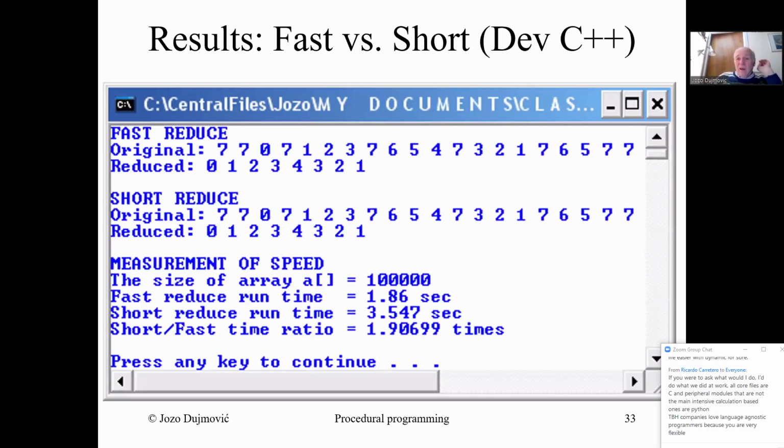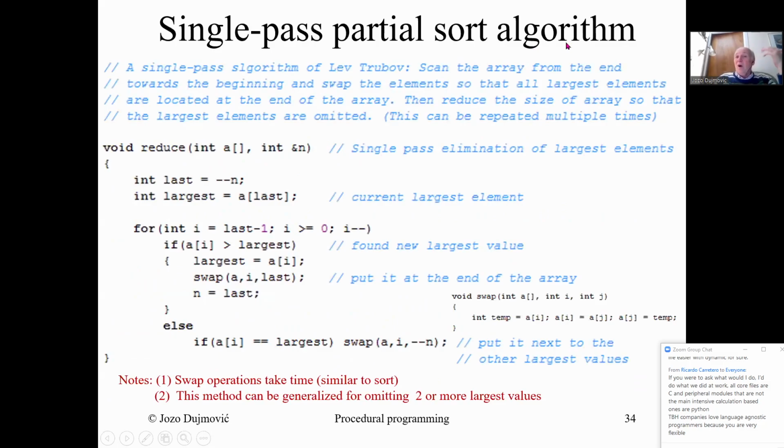And then you have another possibility, a single pass partial sort algorithm. This was done by Lyov Trubov, who is a genius programmer that was a teaching assistant in this class. He said, I'm going to make it with a single pass. I said, my goodness. And he was doing this. He was putting these largest numbers at the end of the array.